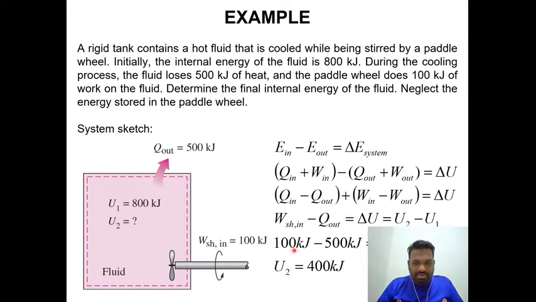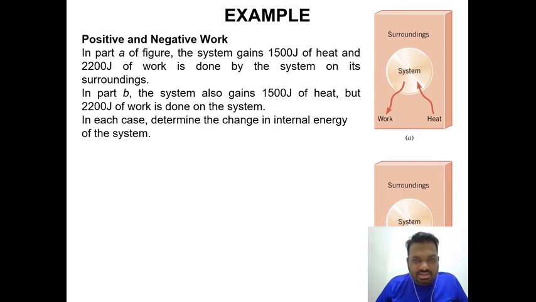You just replace the values: 100 kilojoule minus 500 kilojoule equals U2 minus 800 kilojoule. Finally you can find the final internal energy, U2, equals 400 kilojoule. This is an example of a question that can be given. You will see another question.